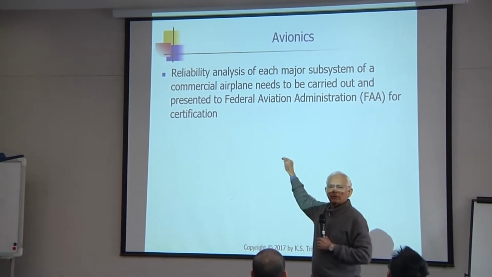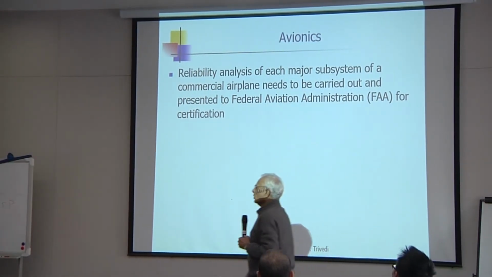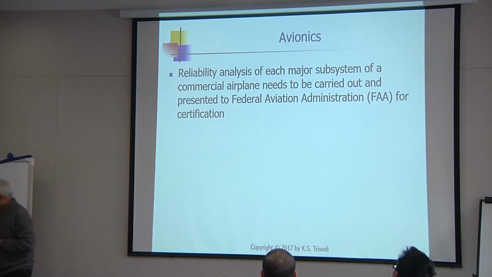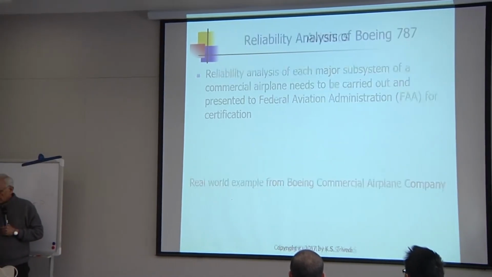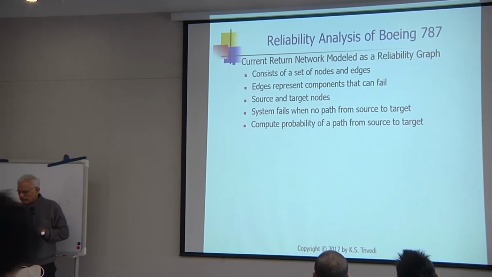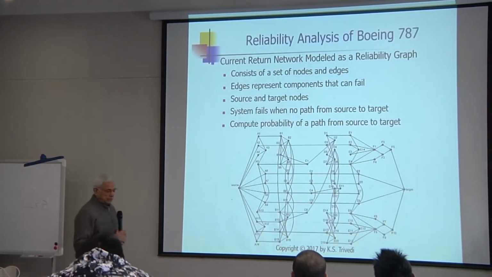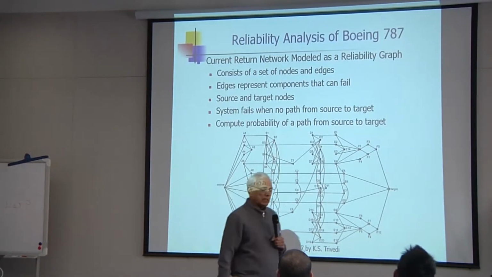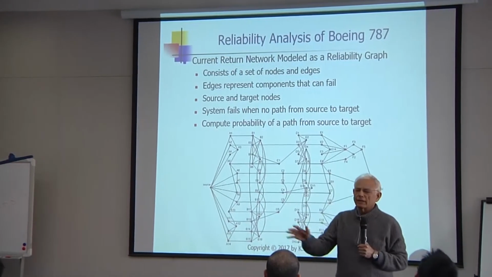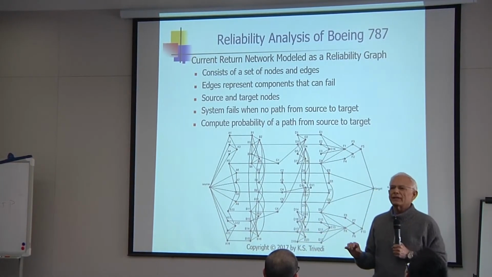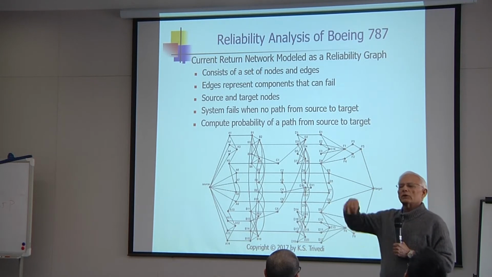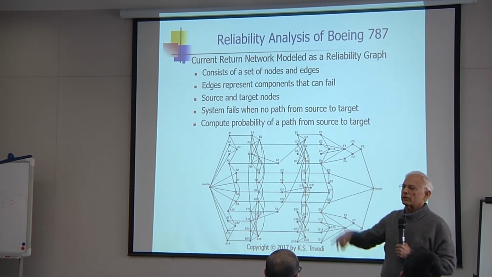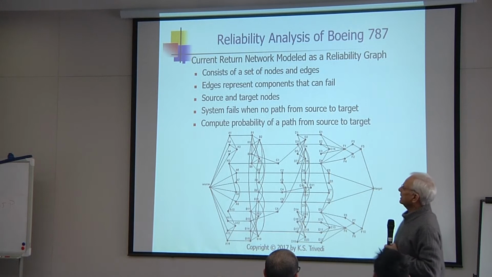Before the plane is certified, right? So the reason I mentioned this is that Boeing had a new subsystem in 787 called the current return network. I'm not an aerospace engineer, but there is a new subsystem that was not there in earlier planes, called the current return network in the 787 Dreamliner.